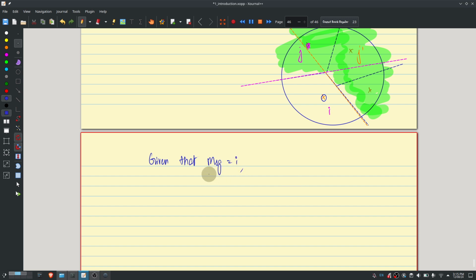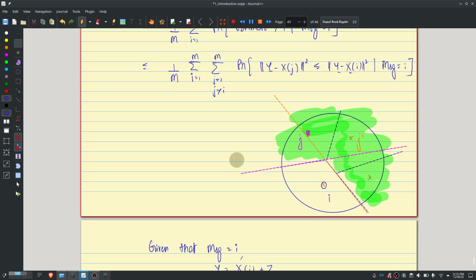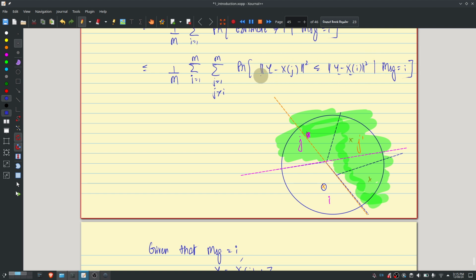It's equal to x of I plus z. So let's rewrite this particular event, that is y minus x of j whole square is less than or equal to y minus x of I the whole square.